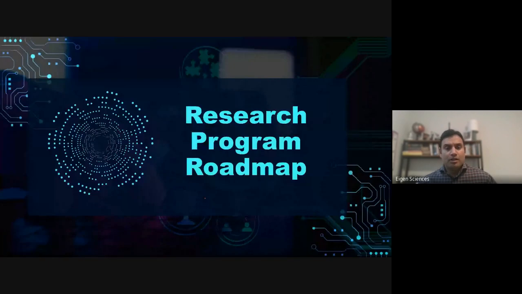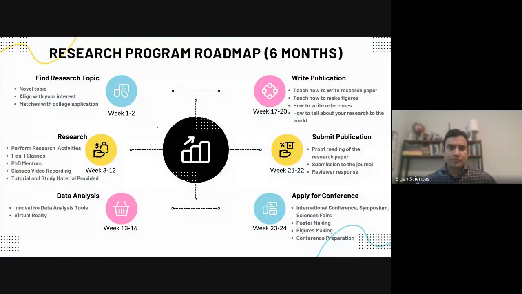Okay. One last thing is the research program roadmap: what you will be doing in these 6 months. The research program roadmap is divided into 6 steps. The first step is to find a research topic, and we spend extra time and effort to find the research topic.